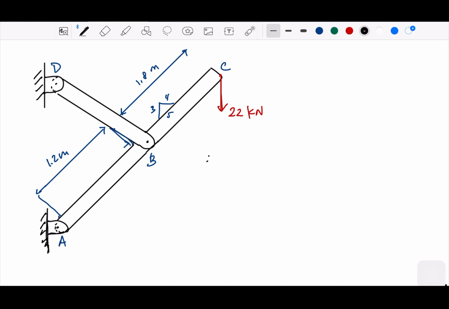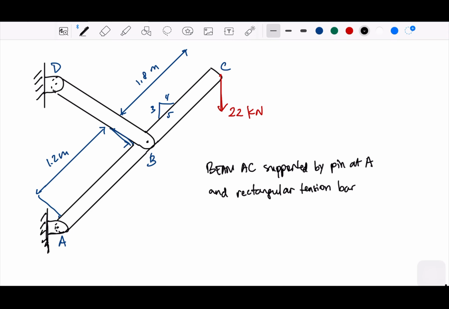Okay, let me write the question. Beam AC supported by pin at A and rectangular tension bar BD.